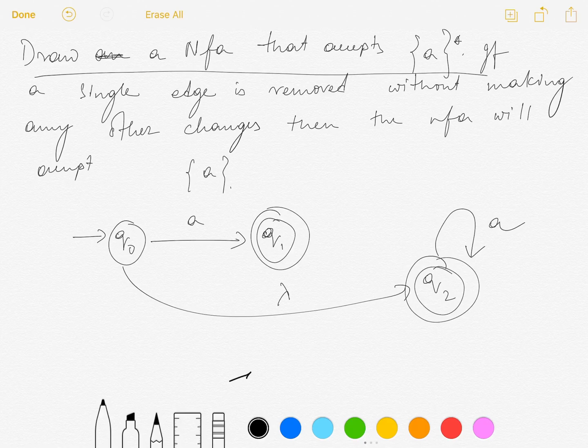Using lambda. So I have two different machines, one which will accept A and goes to final state, that is also a part of Q2, and another is A star. Now if I remove any one of the edges, which edge to be removed? If I remove this edge, then this machine will accept A only.